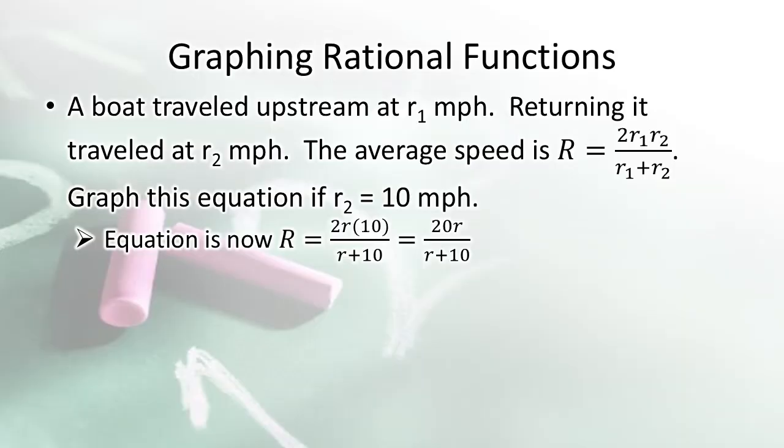So in my numerator, I now have 2 times my R1. I just went ahead and called it R since we only have one R variable now. So 2R times the R2 value, which was 10. That gives me a total of 20R. In my denominator, I have R1, which again I just changed to the R, plus my R2 value, which is 10.